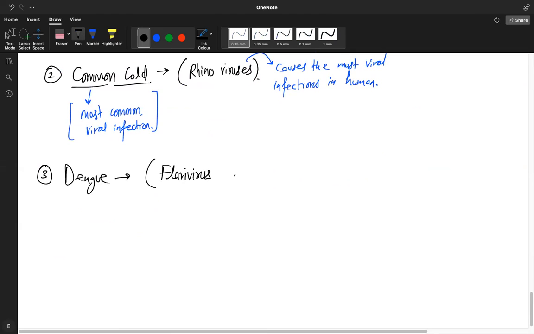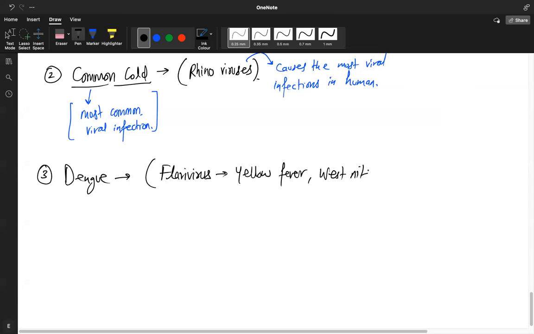flavivirus family. Okay. And if you want to know the name of the virus, sometimes it's called yellow fever virus. Yellow fever virus. Okay. And sometimes also known as West Nile.